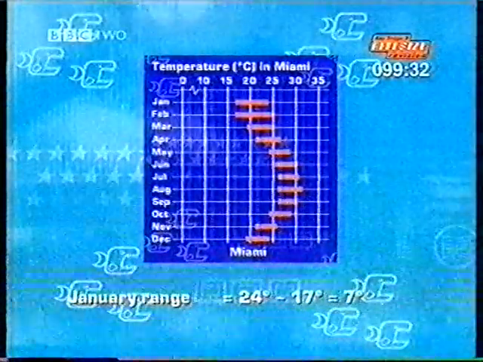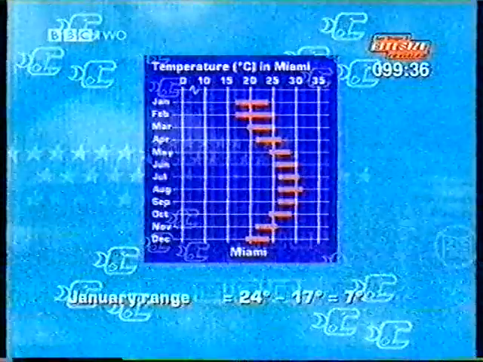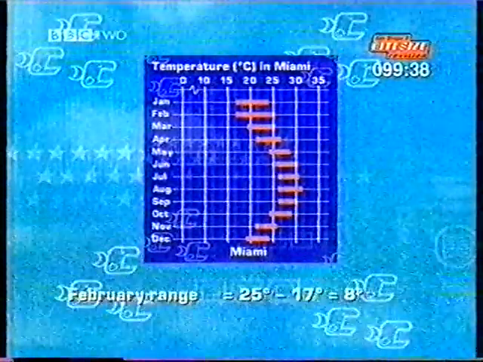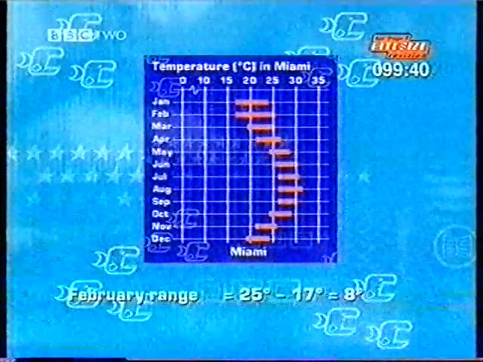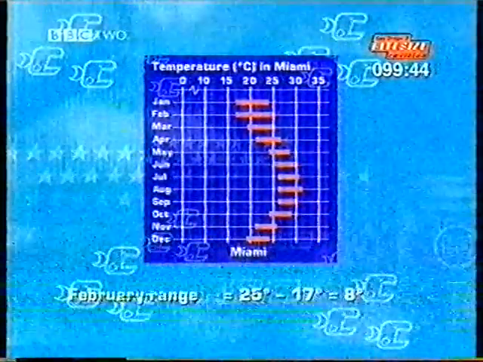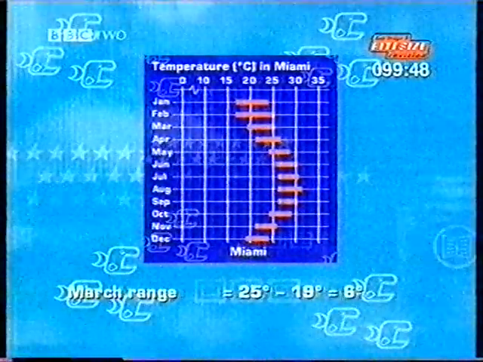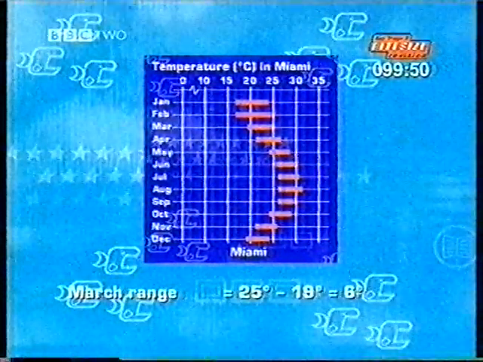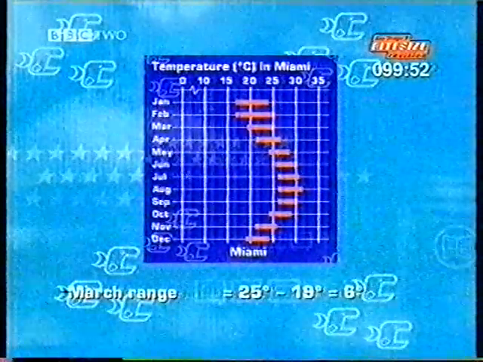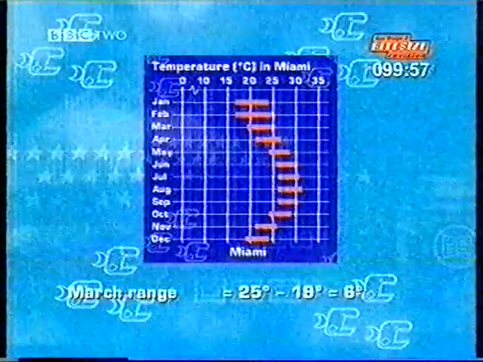So that is a range of 24 subtract 17, that's 7 degrees. In February we can see the range is bigger than 7 degrees because the bar is even longer than January's bar. In March the temperature ranges from 19 degrees to 25 degrees. So that's a range of 25 subtract 19, which is 6 degrees.